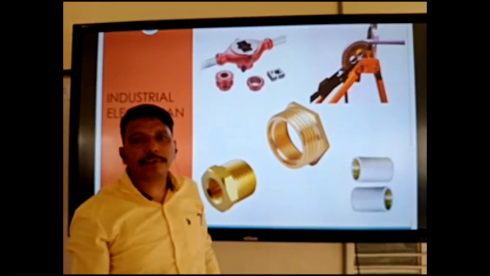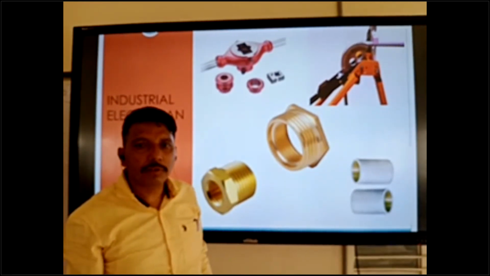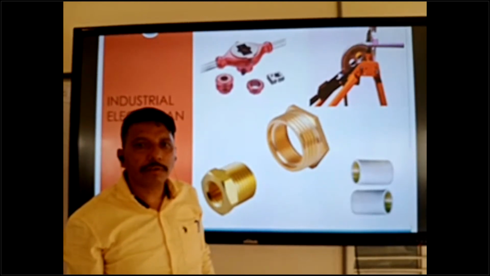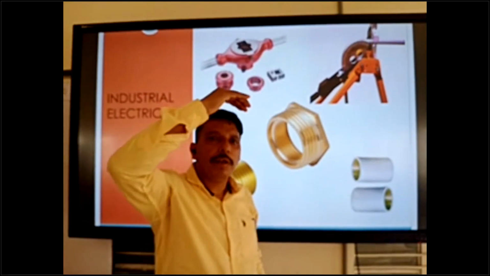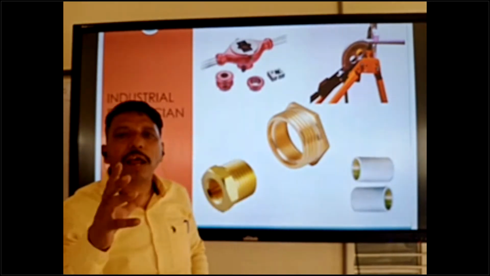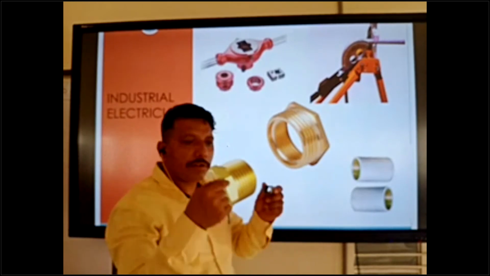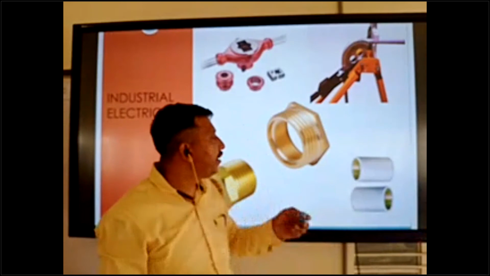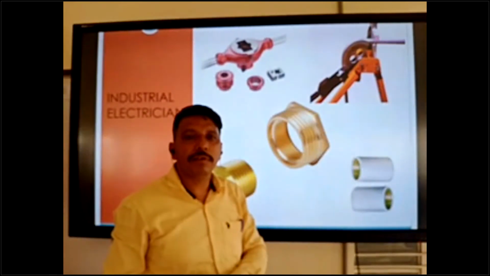If you install the pipe around 50, 60 or 70 meters, as per the point location, from the DB you start the conduiting, and up to your point or device location you can make the conduiting. So we should join one conduit to another conduit. That time we can use a GI threading coupler for GI pipe.